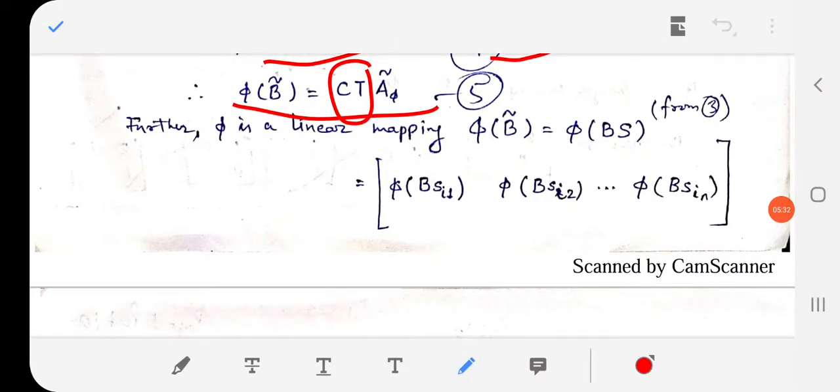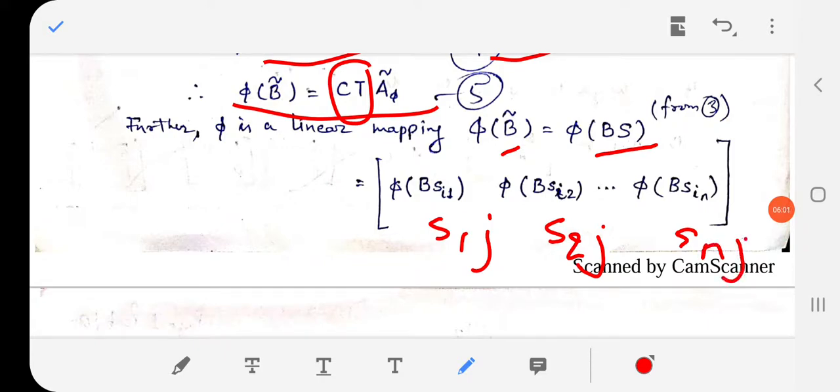What we can do is replace this B tilde by Bs, because we know that B tilde can be written as the linear combination of the columns of B. So we can write it like this, wherein this is s1j, this is s2j, and this is snj, right? So these are the column vectors, basically these are the column vectors.